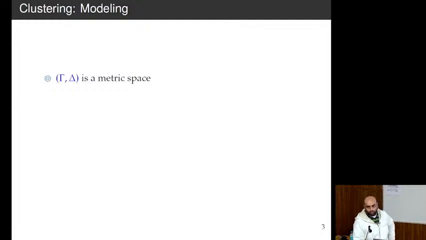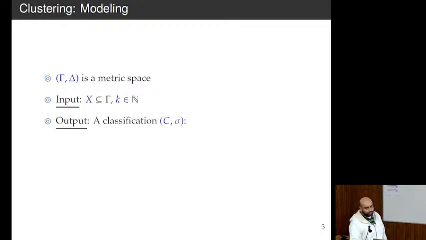I want to model it, just so we're on the same page. You have some metric space, a set Γ and some distance function δ, and your input is some subset X of the metric space, and you're given an integer k.